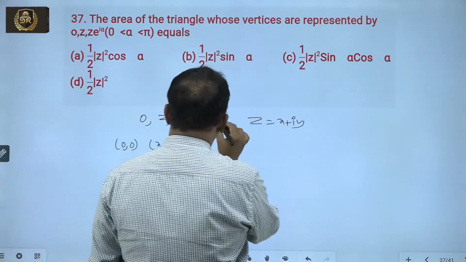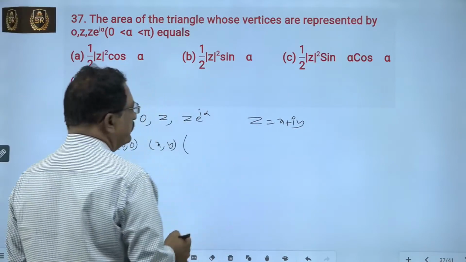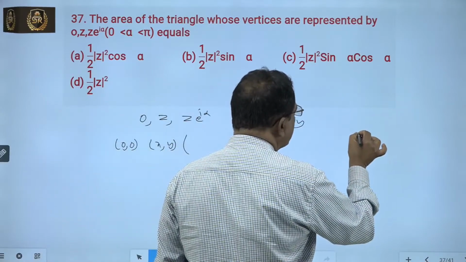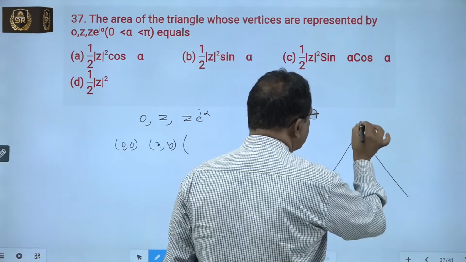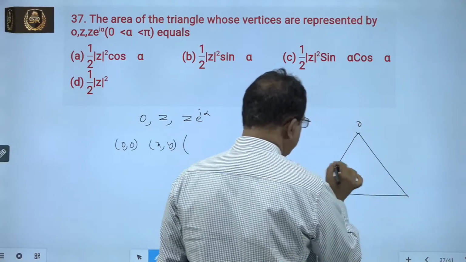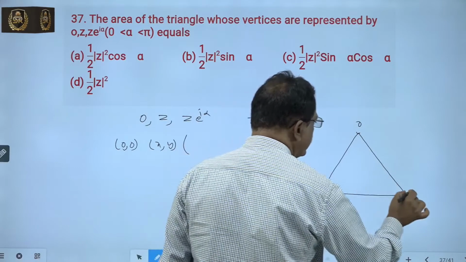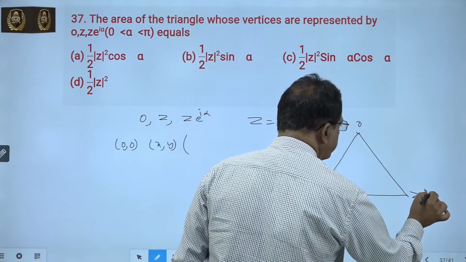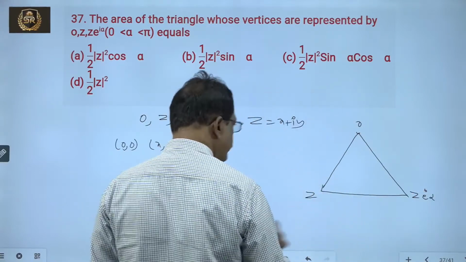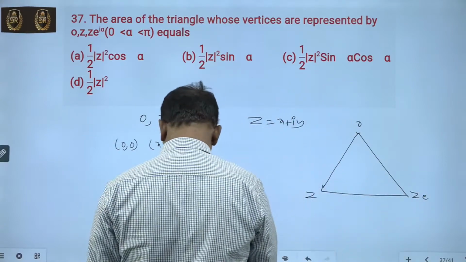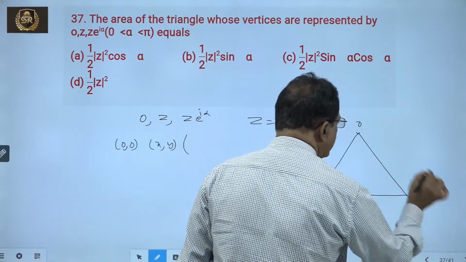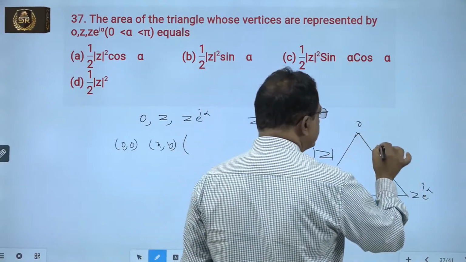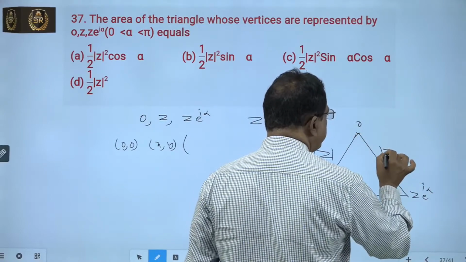Next, Z into e power i alpha equals x plus iy into so on. Otherwise, see it here, the first point is origin, the second point is Z, the third is Z into e power i alpha. Therefore, the length of this side, or distance between these 2 points, equals mod Z. Distance, also magnitude, is mod Z.